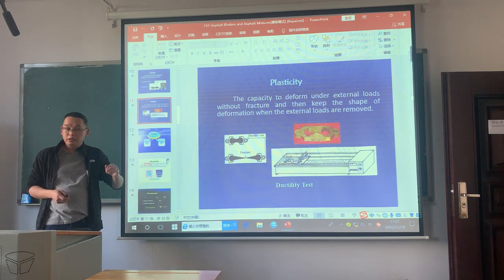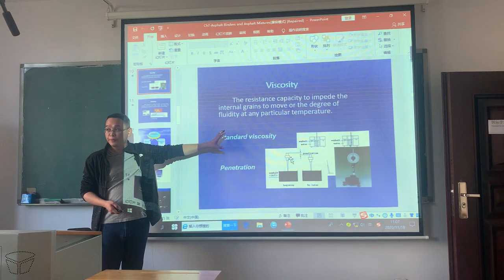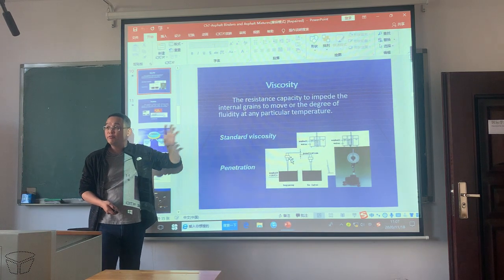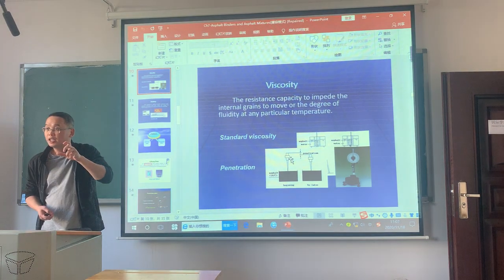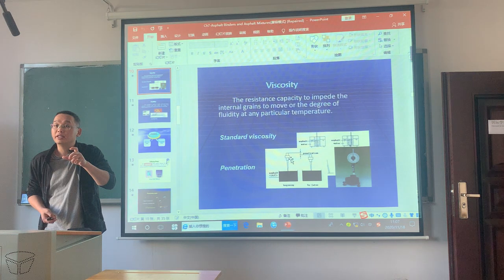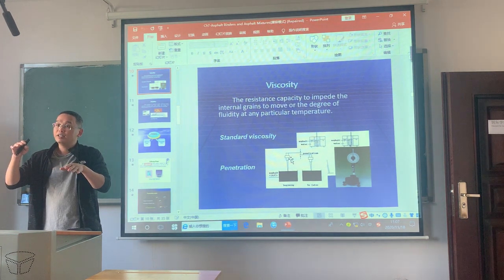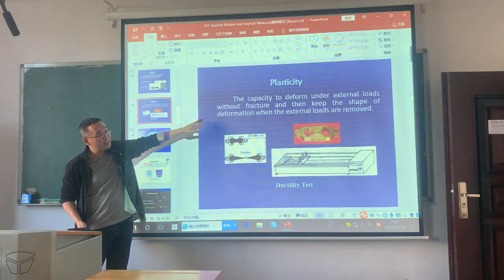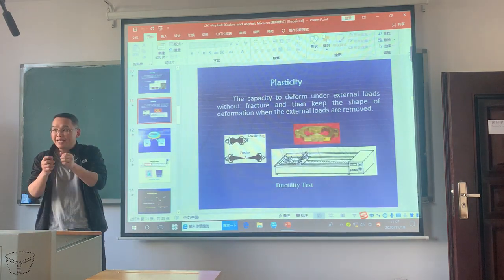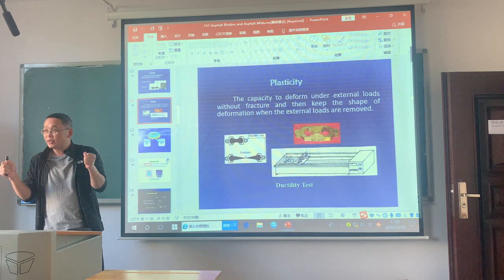So the viscosity of the asphalt relates to high temperature, because of the deformation at high temperature. And the plasticity means to deform but not break.